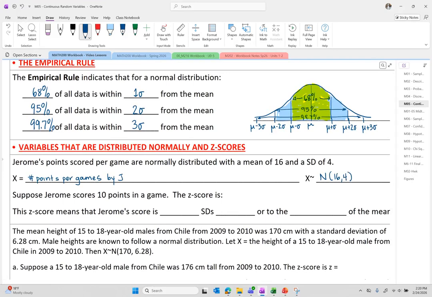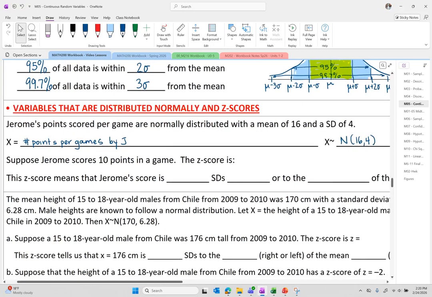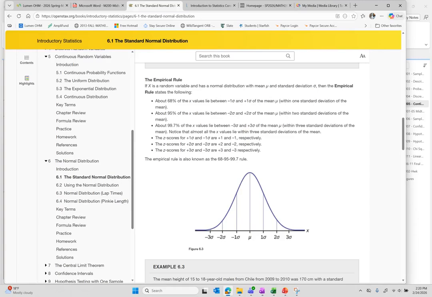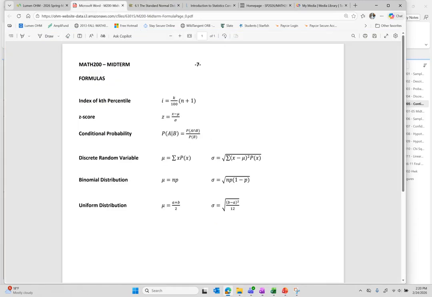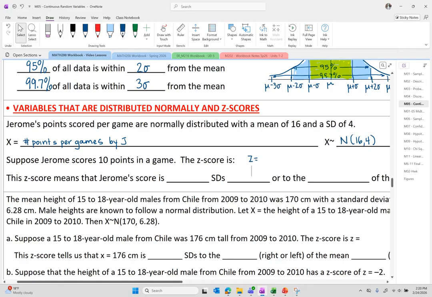And let's suppose that Jerome last time scored 10 points in the game. What is the z-score? If you don't remember the formula, it is provided in our formula packet for the midterm, and it is right here. Z equals the value of x minus the mean divided by the standard deviation.